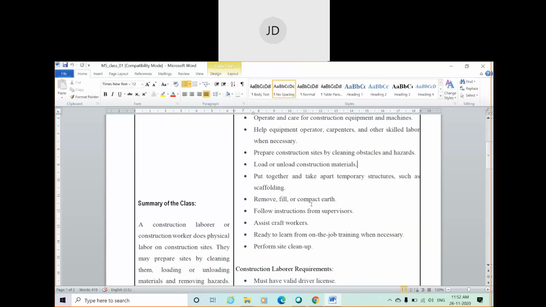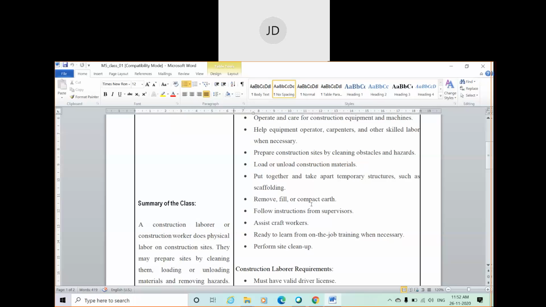Then remove and fill or compact earth. That means in some areas, filling may be required. If your construction site is at a lower elevation compared to the nearby road or highway, then you have to raise your site level to that particular road level.